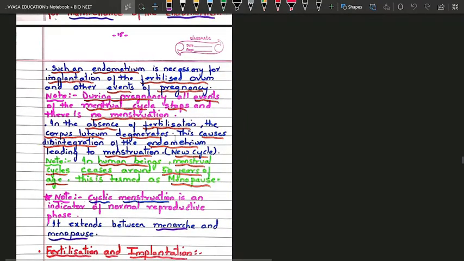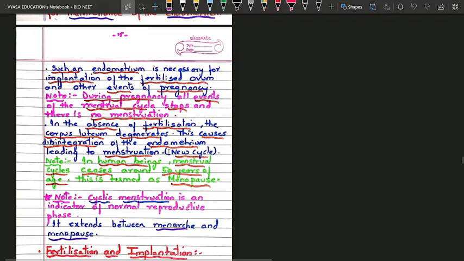ಇನ್ ದ ಆಬ್ಸೆನ್ಸ್ ಆಫ್ ಫರ್ಟಿಲೈಸೇಷನ್, ಅಂದರೆ ಫರ್ಟಿಲೈಸೇಷನ್ ಆಗಲಿಲ್ಲ, ಕಾರ್ಪಸ್ ಲೂಟಿಯಂ ಏನು ಮಾಡುತ್ತೆ? It degenerates. ಅದು ಕಾರ್ಪಸ್ ಲೂಟಿಯಂ ಡಿಜನರೇಟ್ ಆಗಿಬಿಡ್ತದೆ. ಅಂದರೆ ಪ್ರತಿ ತಿಂಗಳು ಕಾರ್ಪಸ್ ಲೂಟಿಯಂ ಫಾರ್ಮೇಷನ್ ಇದ್ದೇ ಇರ್ತದೆ. ಗ್ರಾಫಿಯನ್ ಫಾಲಿಕಲ್ ಫಾರ್ಮ್ ಆಗುತ್ತೆ, ಉಳಿದ ಗ್ರಾಫಿಯನ್ ಫಾಲಿಕಲ್ ಕಾರ್ಪಸ್ ಲೂಟಿಯಂ ಆಗುತ್ತೆ.